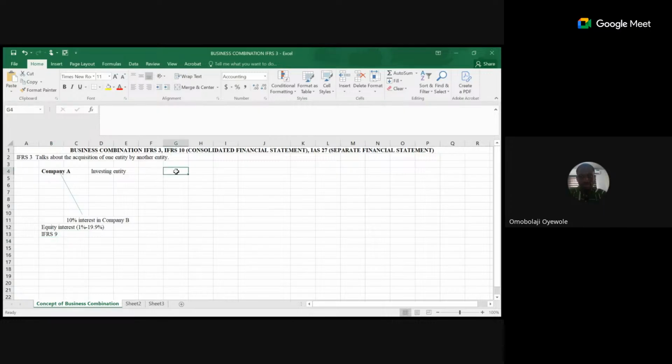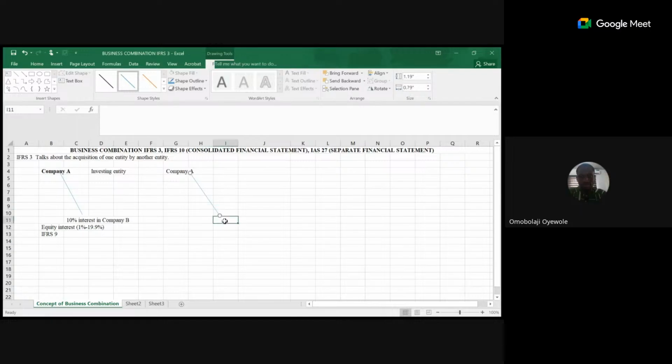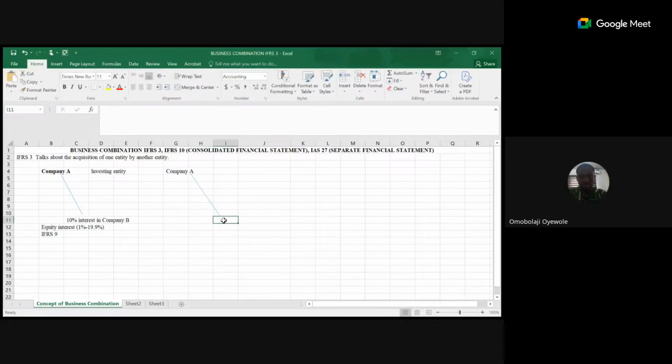Now, let's come here again. The same company A acquires, this time around, let's say 25% interest in company B. Let me call the first one scenario 1 and this scenario 2.